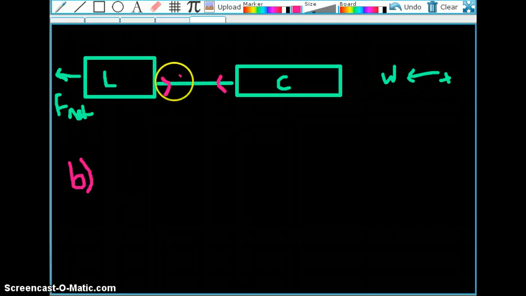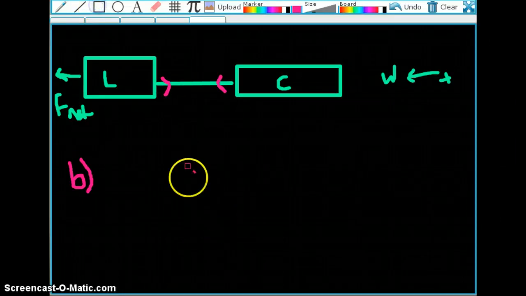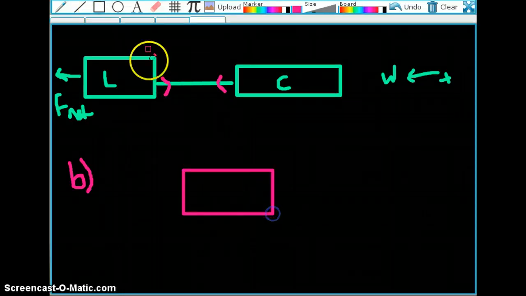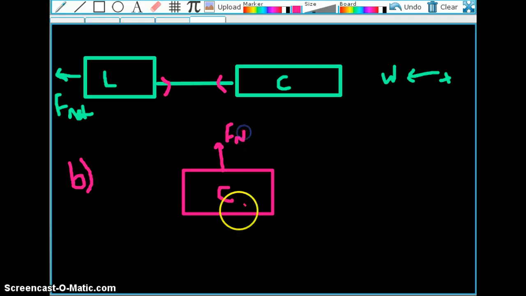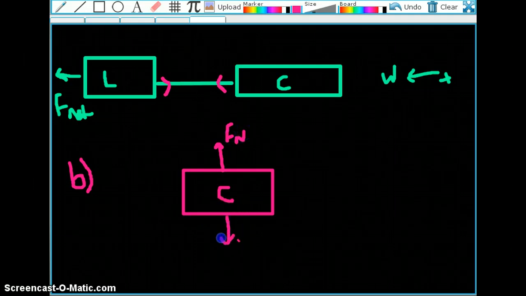So let's draw a free body diagram of the car. I know it doesn't look the same as before, but this is the car. What forces does it have? It's got your normal force and your gravitational force. These are the two forces you have in the y direction.